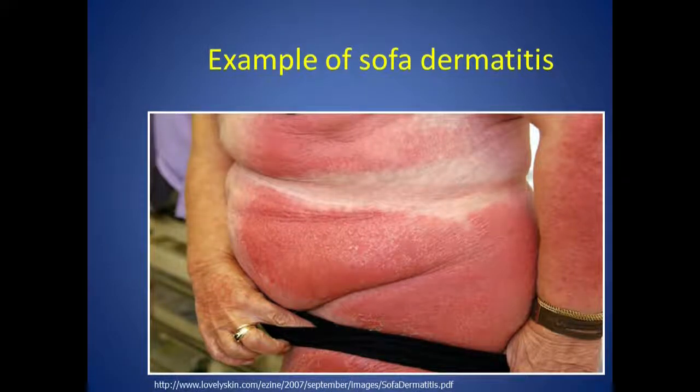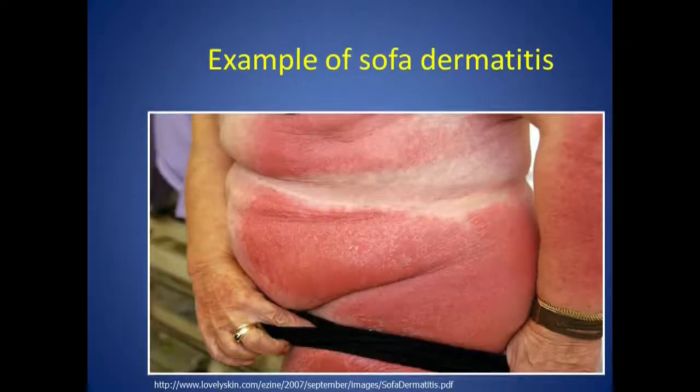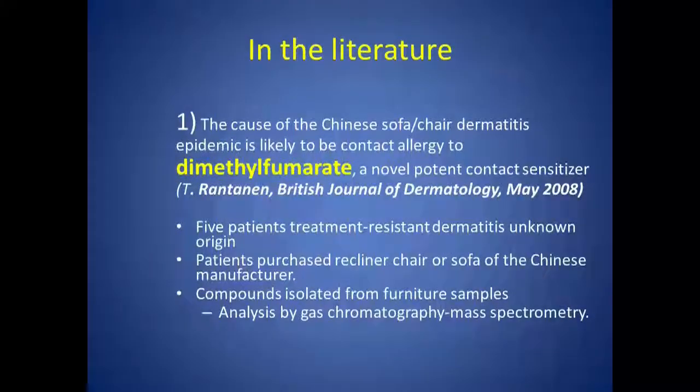And I said, yeah, I don't think it's your Chesterfield. Anyway, we'll test you. So I tested him, and sure enough, he didn't really come up to anything, and he said, I think it's my sofa. And I said, well, okay, bring in a piece of your sofa, and we'll wet it and we'll put it on. But at the same time, I was checking about furniture allergy.